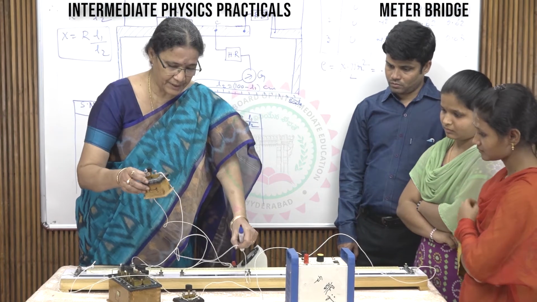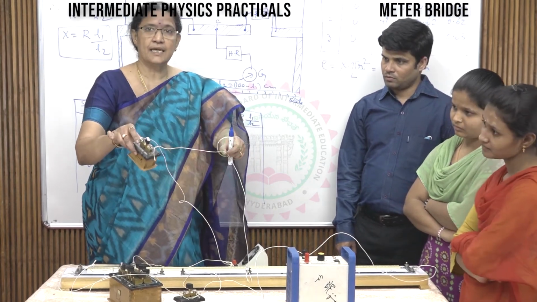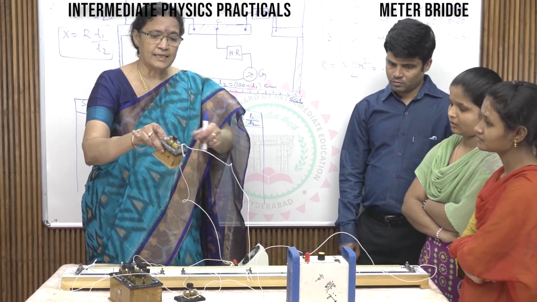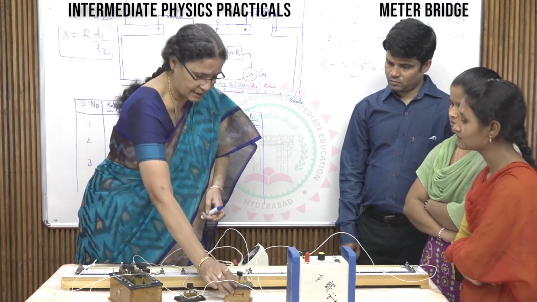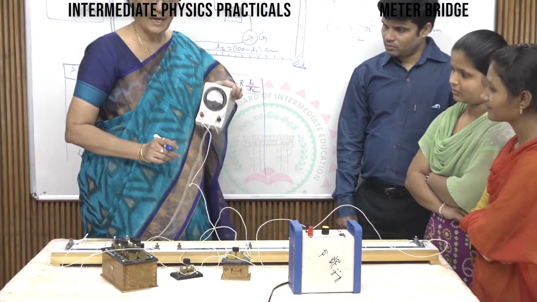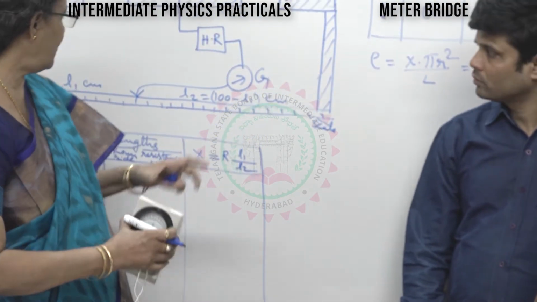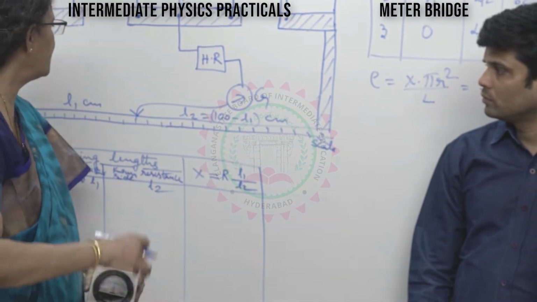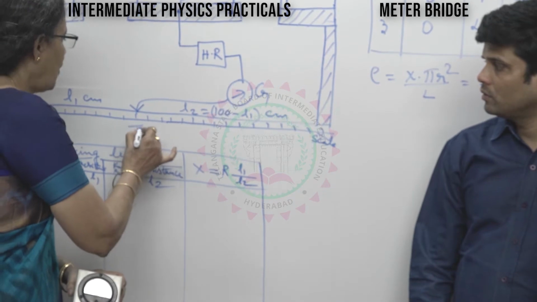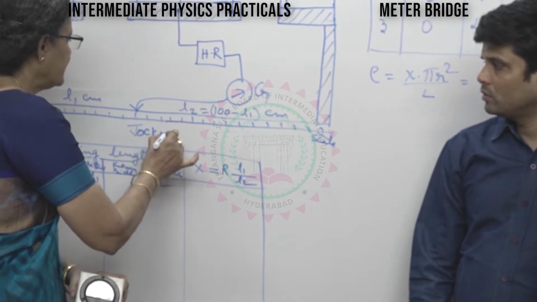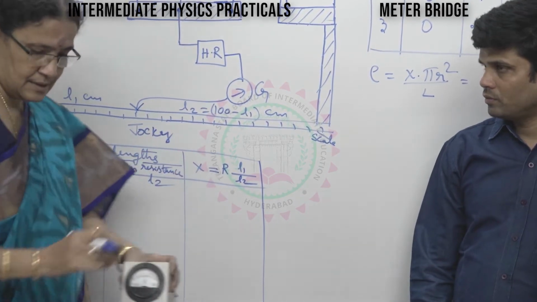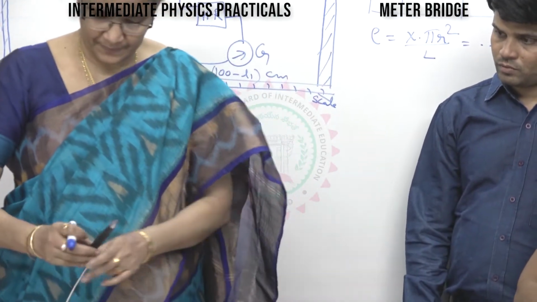So from the middle, I have connected this high resistance. And the other end of high resistance is connected to galvanometer, positive, red one. And the other end of galvanometer is connected to J. This is called jockey.